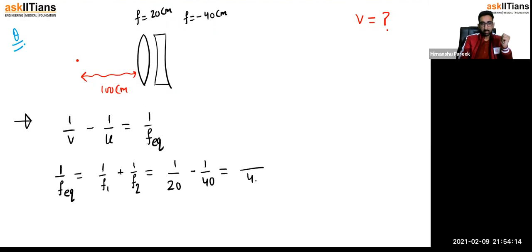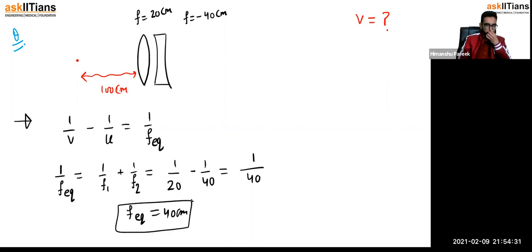I can take 40 as the LCM, so this will become 2 minus 1, so 1 by 40. So the equivalent focal length is coming out to be 40 centimeter. That's the total focal length of the entire combination.